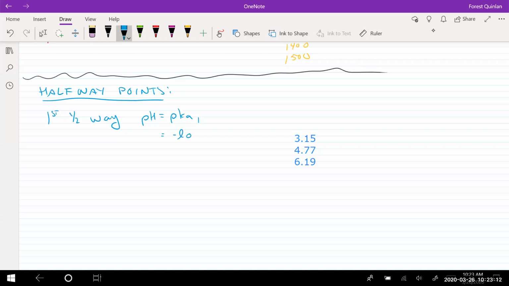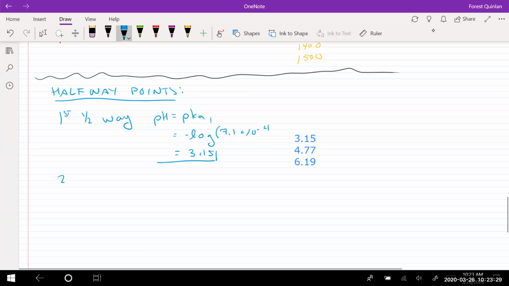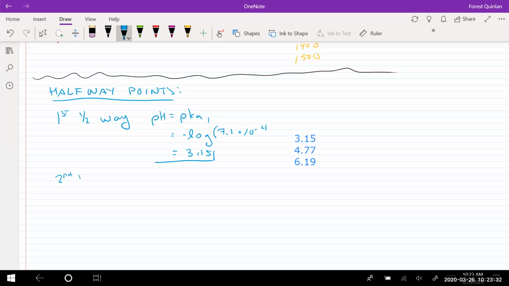So that's negative log of 7.1 times 10 to the negative 4. And Dal also told me that's 3.15. Second halfway, pH equals pKa2. So that's negative log of 1.68 times 10 to the minus 5, or 4.77.